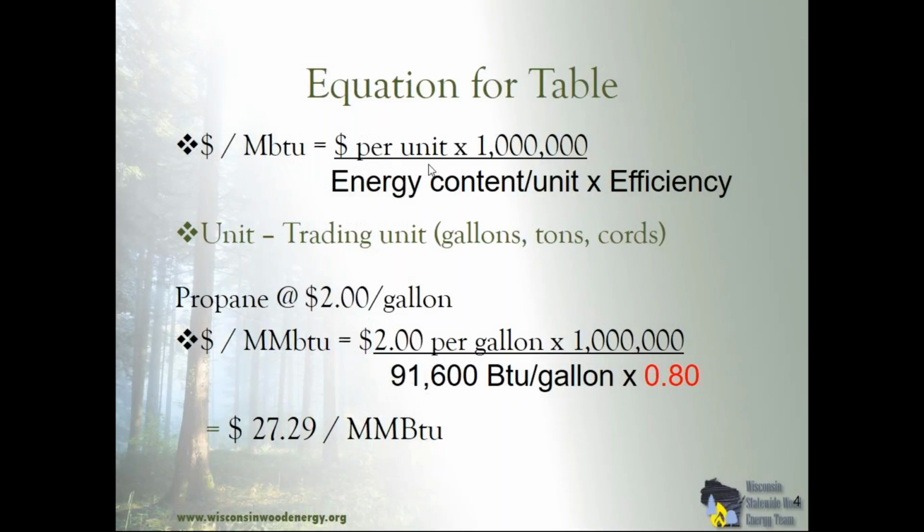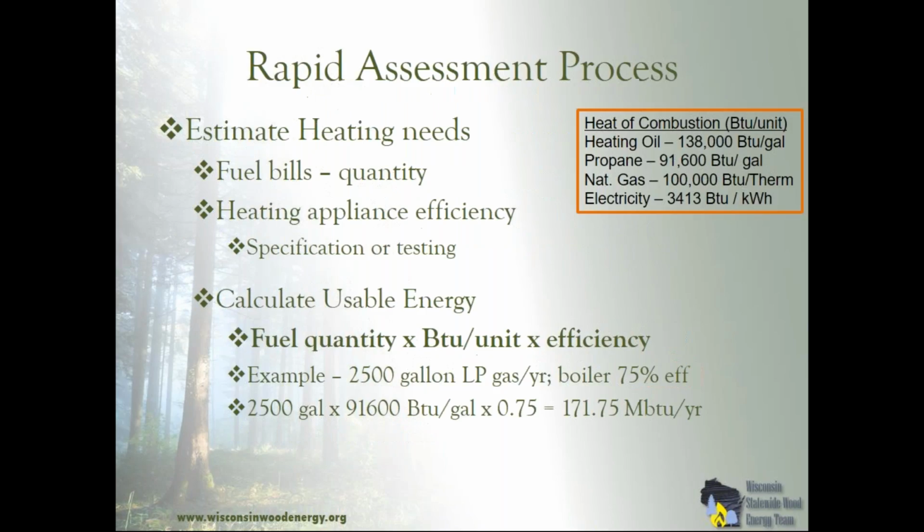So we have the dollars per unit, dollars per gallon or dollars per therm, and we divide that by the energy content per unit times the thermal efficiency of the combustion unit, then scale to a million BTUs. The example I've got down here is $2 a gallon propane at 80% efficiency. So I come up with $27 and change per million BTUs. That's how that chart was put together.